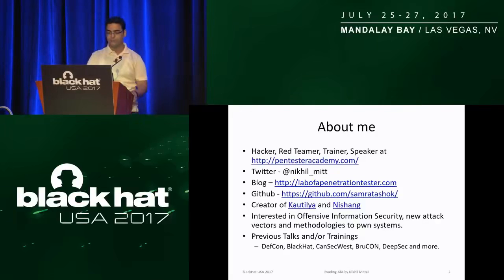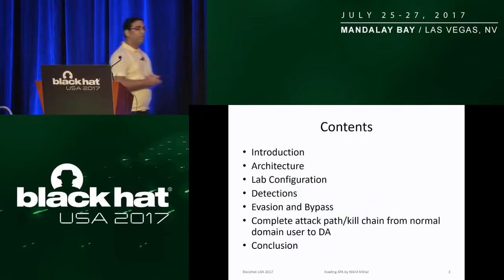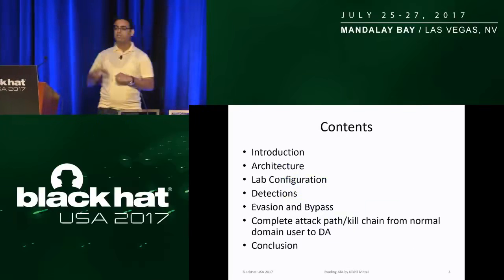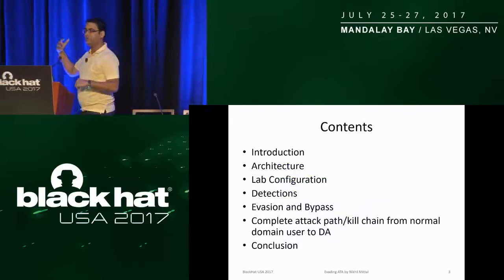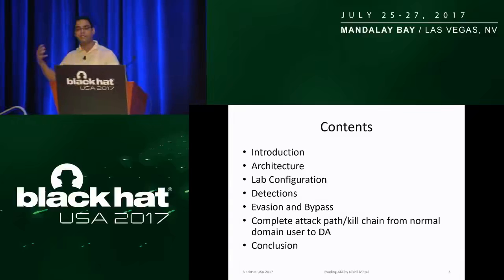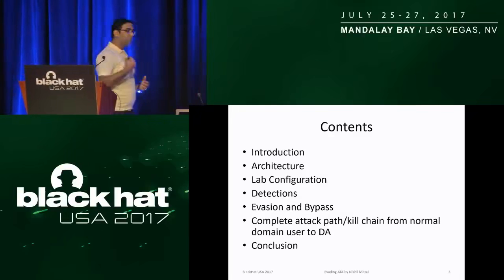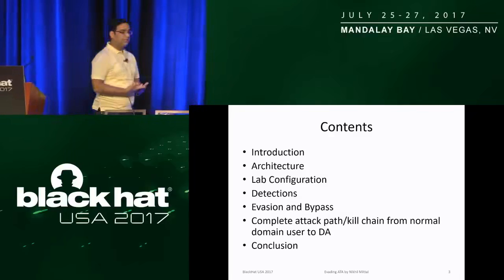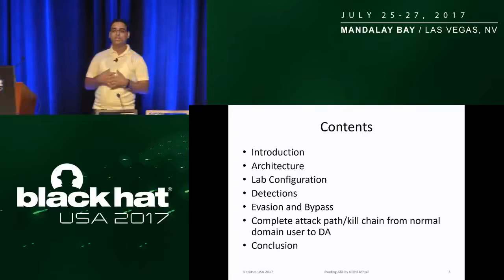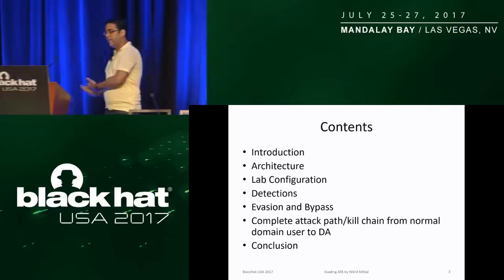So what we are going to discuss here is, we'll start with what ATA is, what is the architecture, if there are some of you who have not seen it or do not know about it. We'll quickly go through it. What are the detections? What are the kind of attacks which ATA detects? What are the alerts?